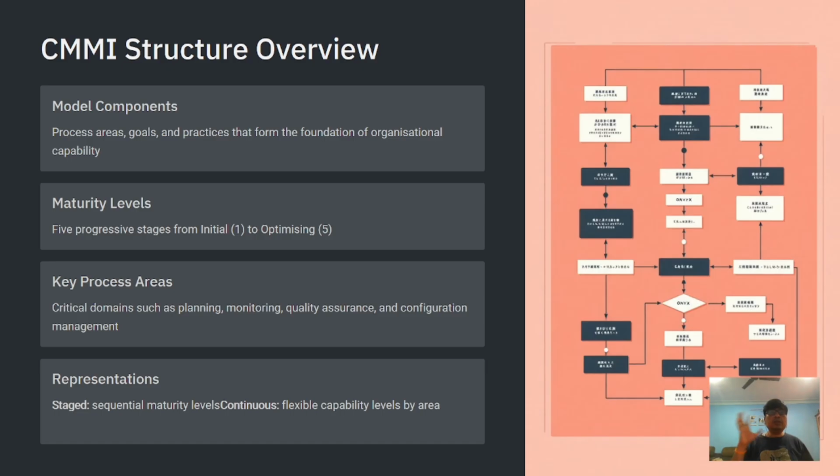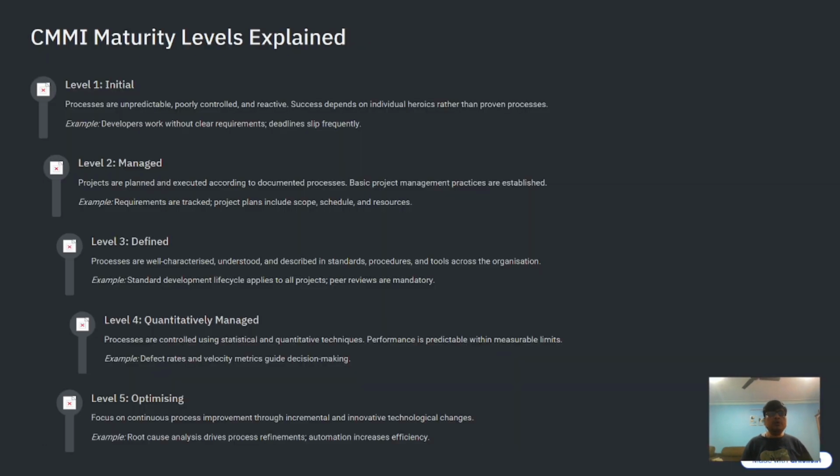There are multiple parameters to accept it, but yes, we are accepting those kinds of improvements into the project. So there is flexibility in this. So this is a structured overview of the CMMI. Let's move on to the maturity levels in detail.